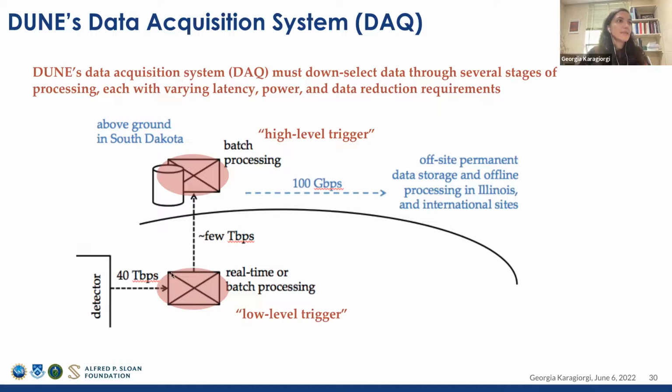It reduces the data rate by about an order of magnitude before a second level of processing, the high-level trigger or high-level filter or high-level data selection, applies additional batch processing, reducing the data by about 3 more orders of magnitude, allowing only a maximum instantaneous rate of about 100 gigabits per second to be shipped off-site. But this cannot be afforded steady state. Steady state, we expect only about 10 gigabits per second worth of data to be continuously sent off-site from DUNE.